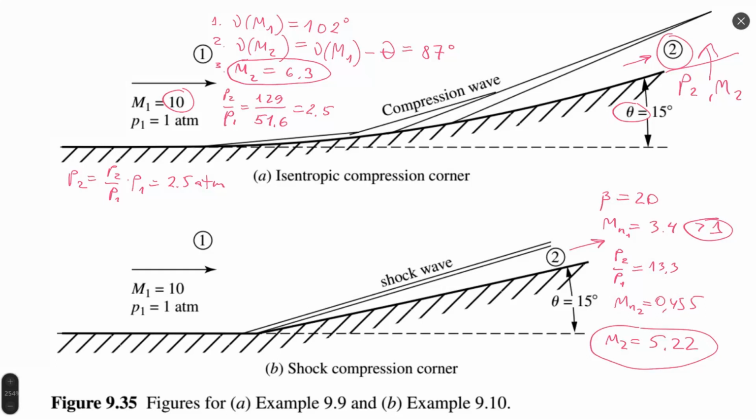Okay, it looks like Prandtl-Meyer function is correct. Mach number is correct, but pressure ratio is not correct. Probably I took it from the wrong column. Probably yes, so I will need to check again my appendix from book.